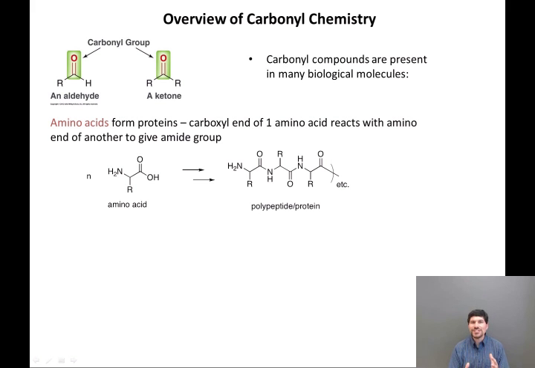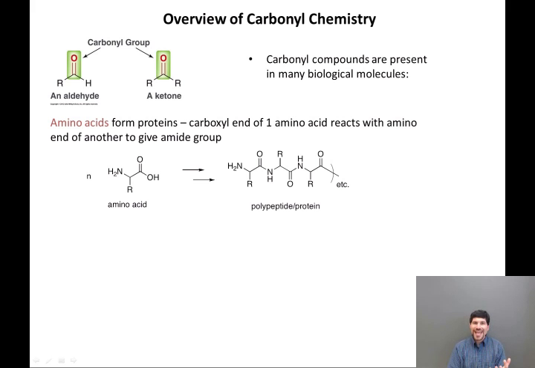Proteins are formed when the carboxyl end of one amino acid reacts with the amino end of another amino acid to give an amide. And a polypeptide or a protein is just lots of amino acids linked together through these amide bonds. So carboxylic acids and amides are two more examples of carbonyl groups that show up in proteins.